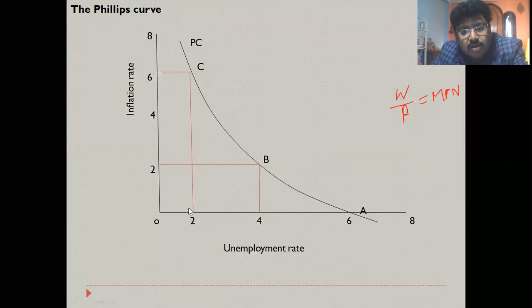So if the unemployment rate is 2%, the inflation is 6%. So the Phillips curve says that there is an inverse relationship between the unemployment rate and the inflation rate. Okay, this is the Phillips curve.